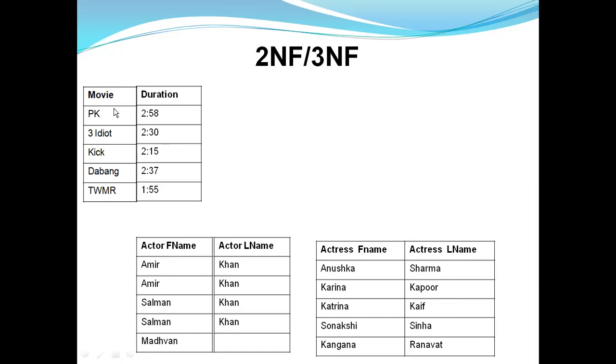One movie can have many actresses. One actress can act in many movies. One actor can have multiple actresses. One actress can have multiple actors. So it's a many to many. So when we say many to many, then how do we create?